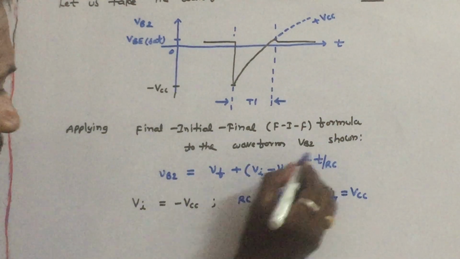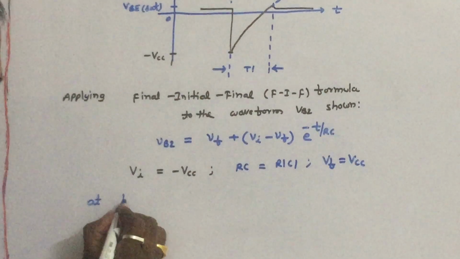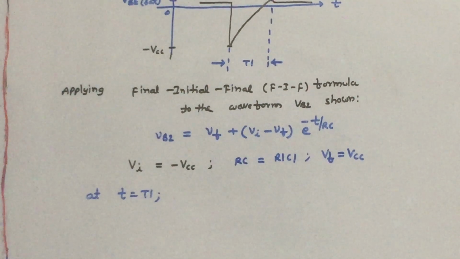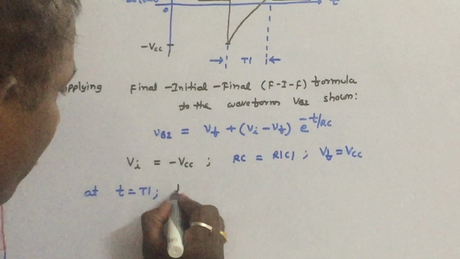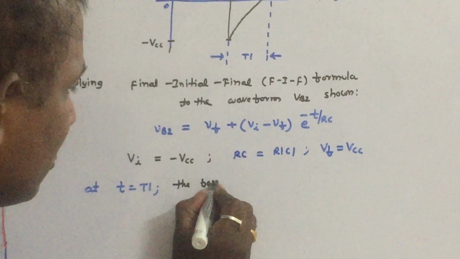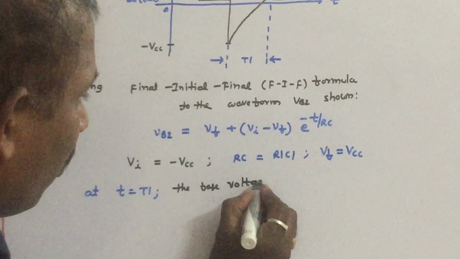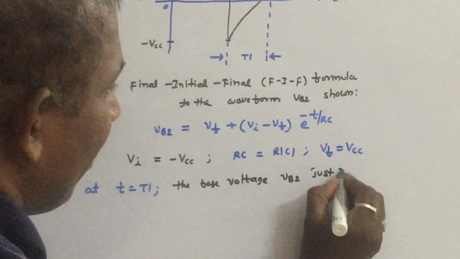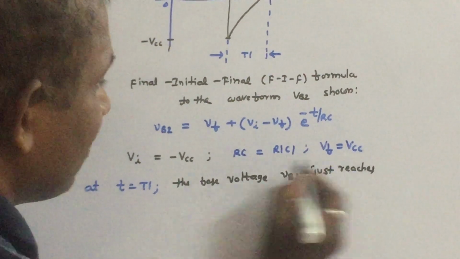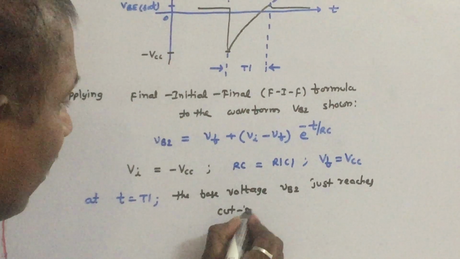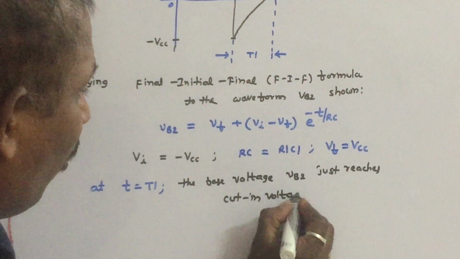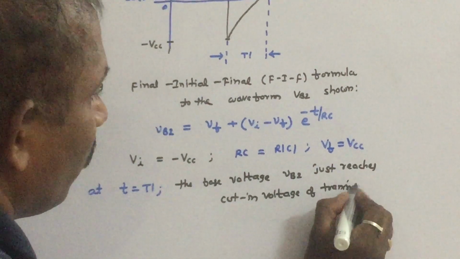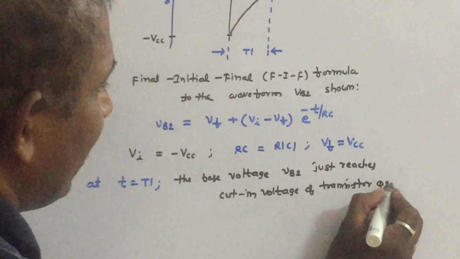And one more point: at t equal to T1, the base voltage VB2 just reaches the cut-in voltage of transistor Q2.